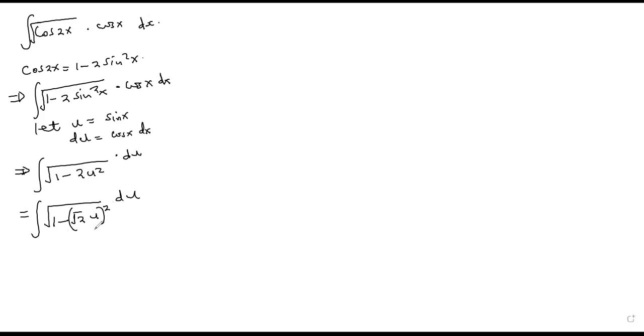So now at this point, we shall let root 2 u be equal to sine theta, so that when you differentiate both sides, you get root 2 du is equal to cos theta d theta. So if you do this, it means that your theta is equal to sine inverse of root 2 u.